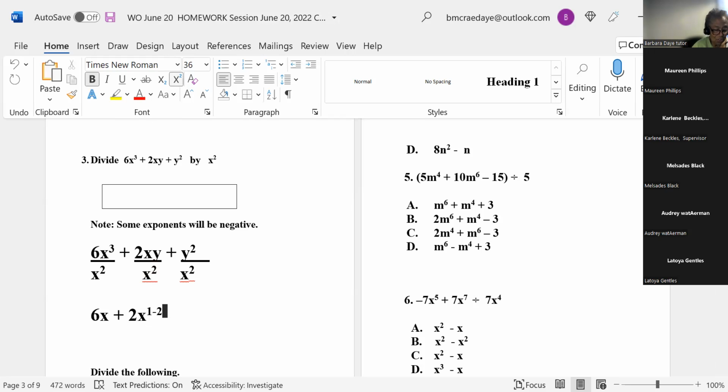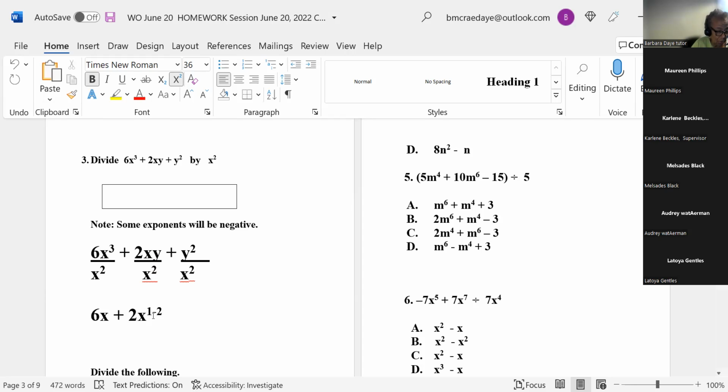Right? Because you're still subtracting the 2 from the 1, but that's going to give you a negative because the biggest exponent is negative, right? Yes. So 1 minus 2 is what, Audrey? 1 minus 2 is 1, right? Yeah, but it would be a negative, right? Negative, yes.